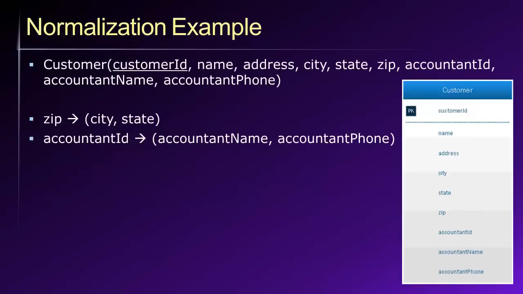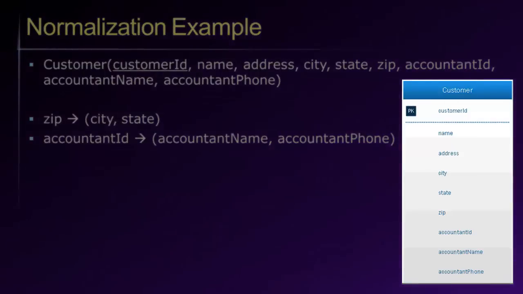Next, let's consider a normalization example. Assume for this example that we want to create a database table which will allow us to keep track of information relating to our customers and also information relating to each of those customers' accountants.